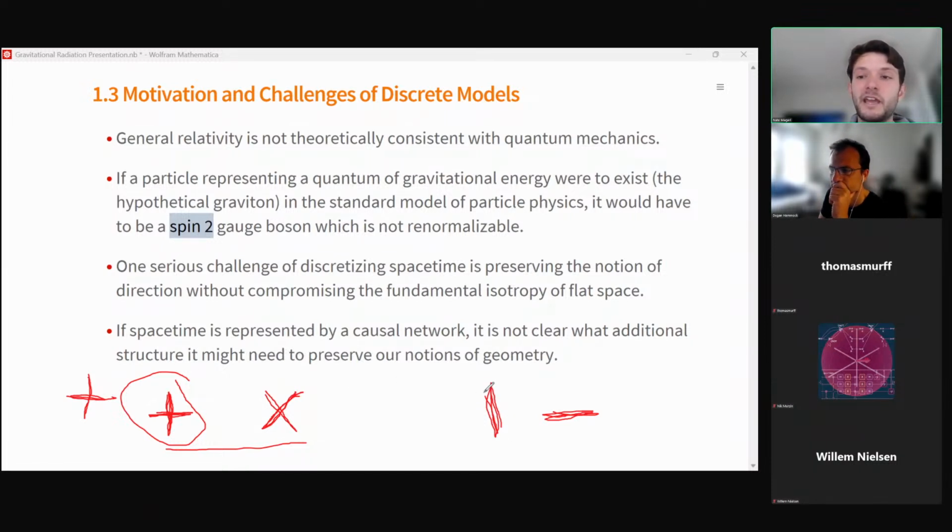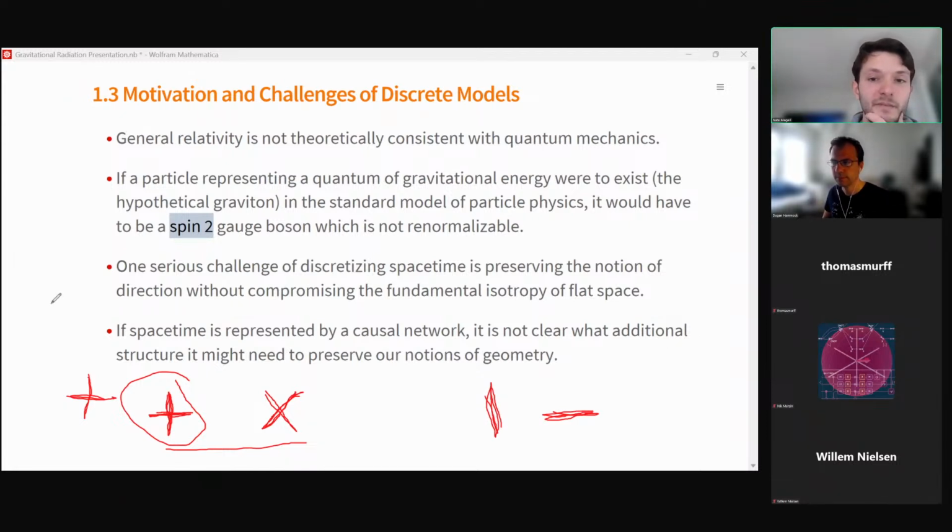But for the case of polarization of photons, you can make that distinction. So that ambiguity in the polarization of gravitational waves means that if you tried to quantize it, it would have this property which theorists called spin 2.